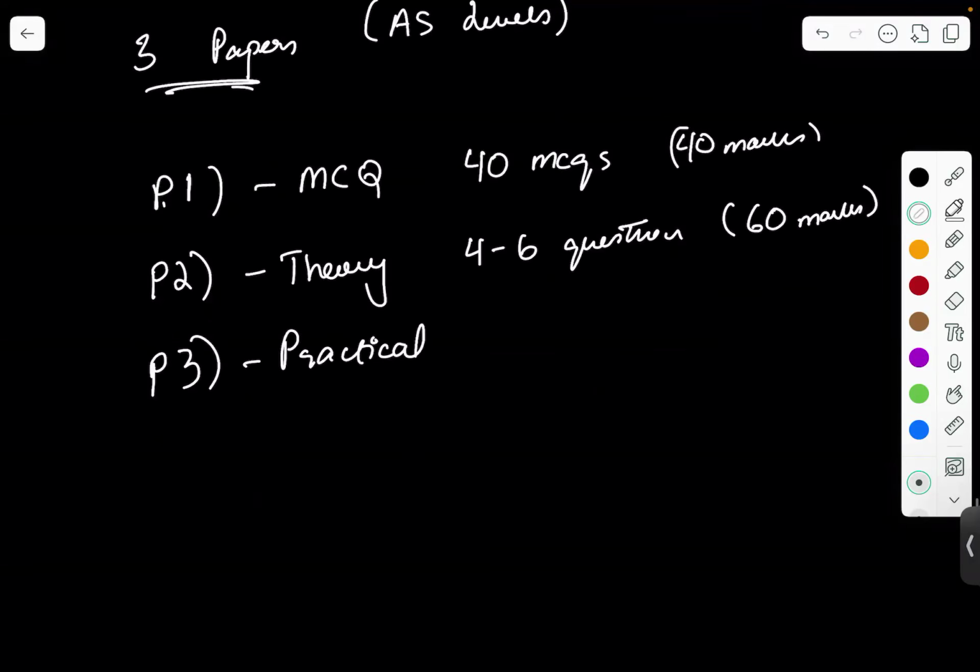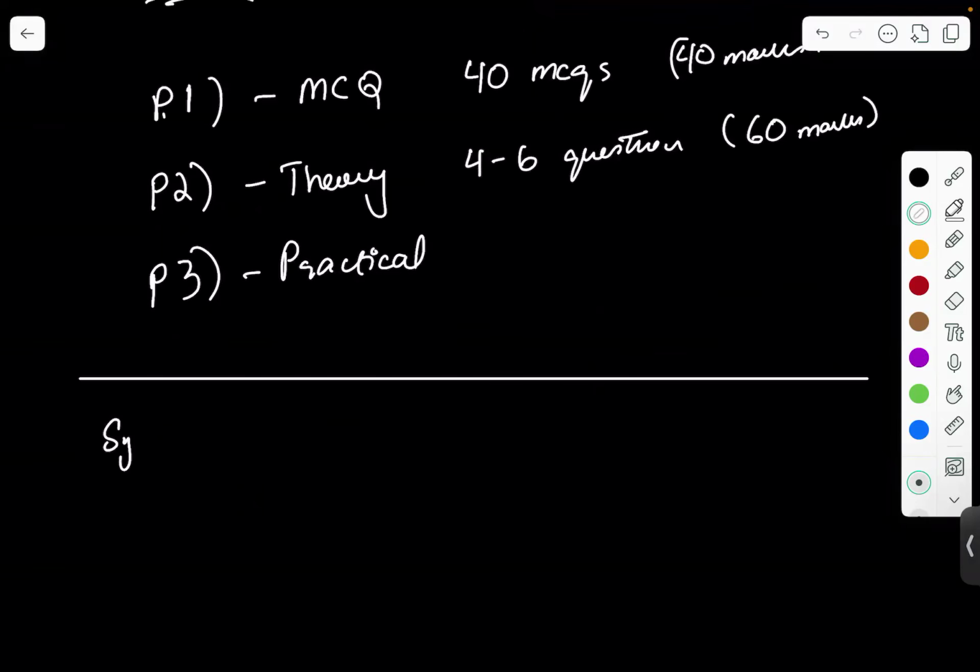The next is syllabus. So I want you to focus more on the learning aspect of A levels, because it's very important as a foundation if you want to have higher education.